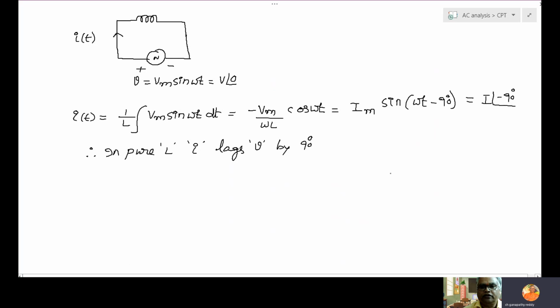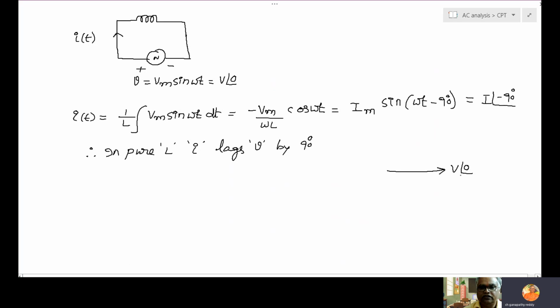Then we can also show the phasor representation. This is V of angle 0. This phasor form is looking like a vector. So vectorially I am showing, but always use the word phasor, because behind the phasor form, the back end is a trigonometric function.